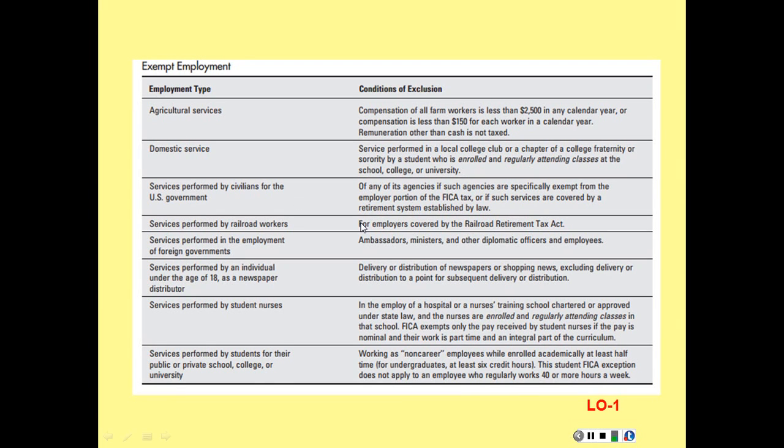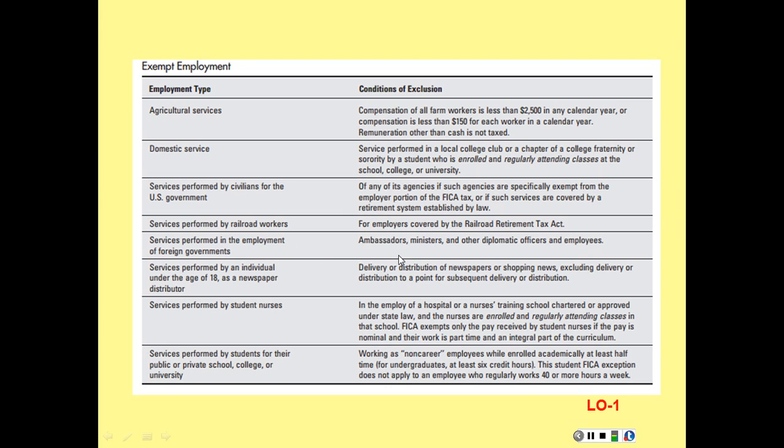It just came out of federal law over the course of our history, probably because railroad development was a huge thing in the nation's development, and massive federal subsidies went into getting railroads built across the country. And as part of that, they dealt with railroad workers differently. They have a separate retirement program, and they are not under the Social Security system.